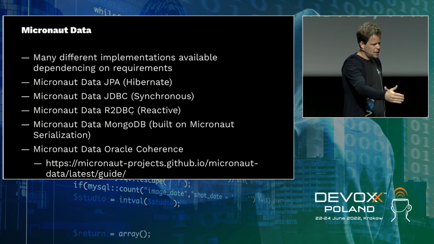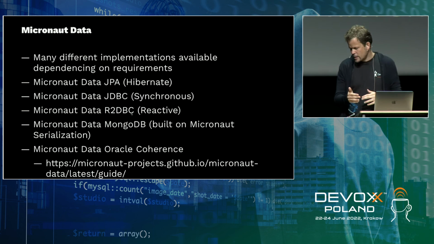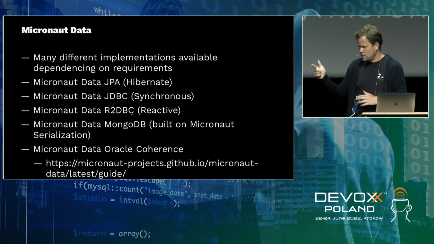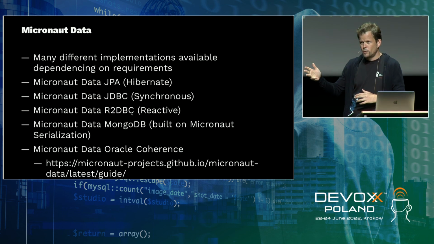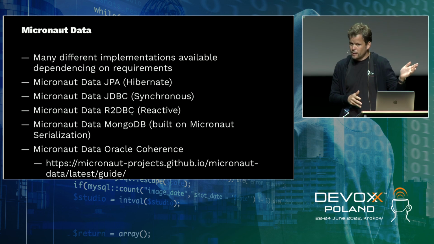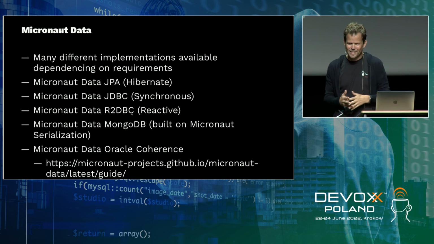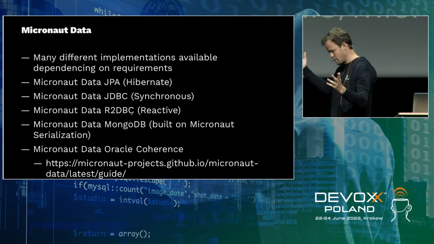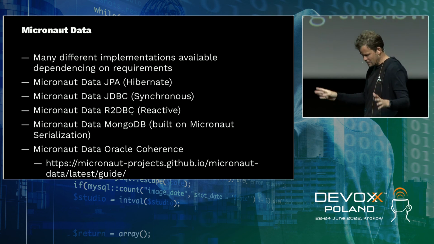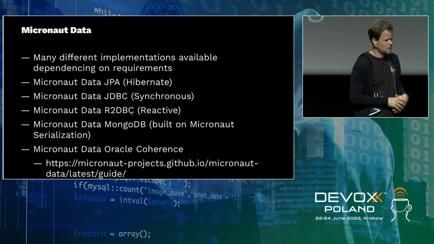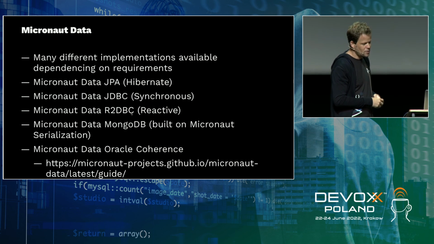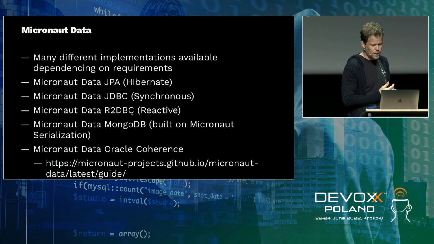So all of these implementations, JDBC, R2DBC, and MongoDB, are reflection-free, apart from JPA. We can't do anything about Hibernate using reflection. Hibernate is reflection-based, but the others are all completely reflection-free. And then we have a growing ecosystem of other modules.